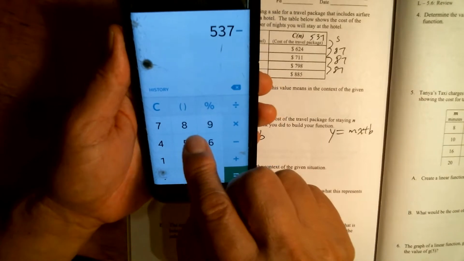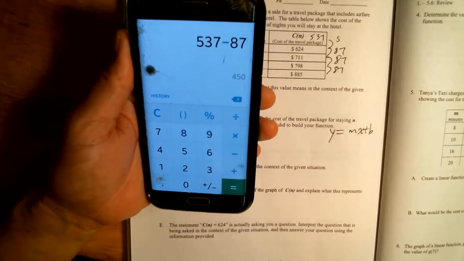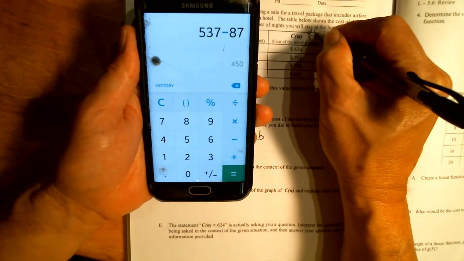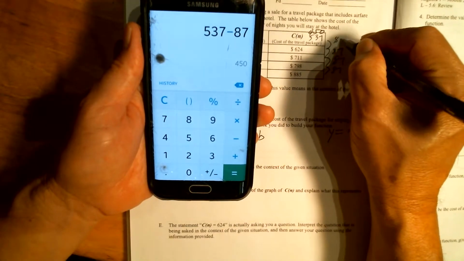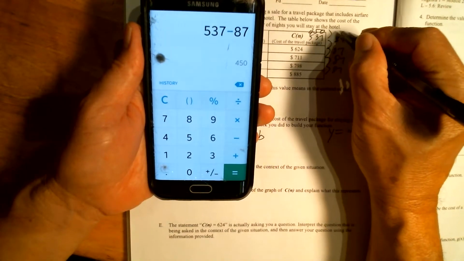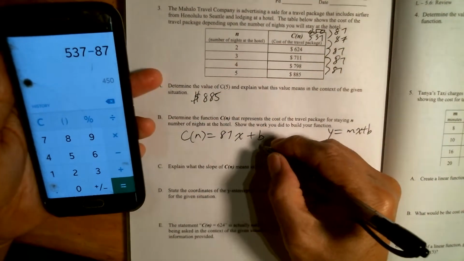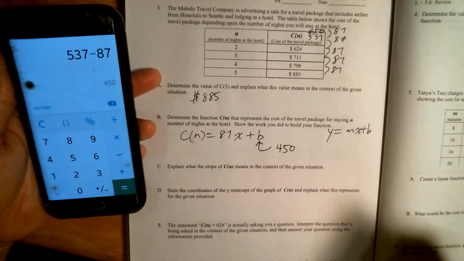Subtract another 87 would give us 450. Gosh. Okay. We subtracted 87 twice. So that would be our y-intercept, 450.